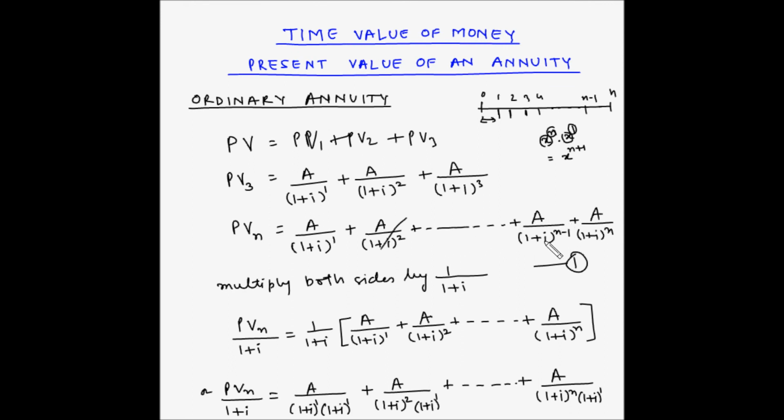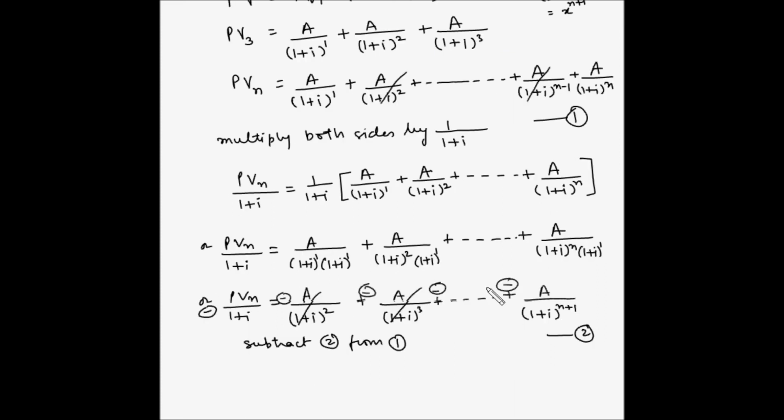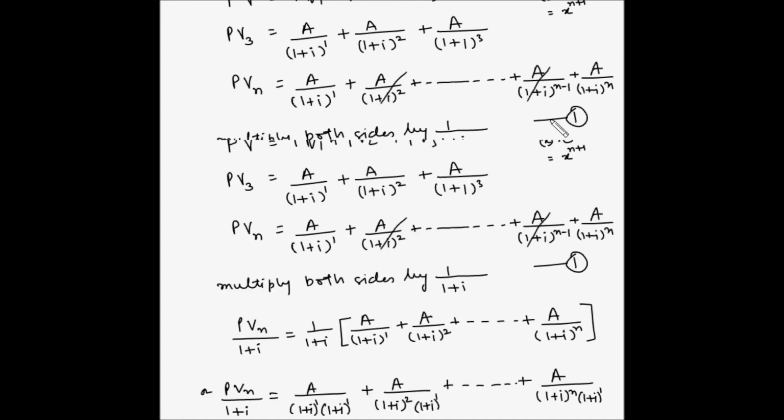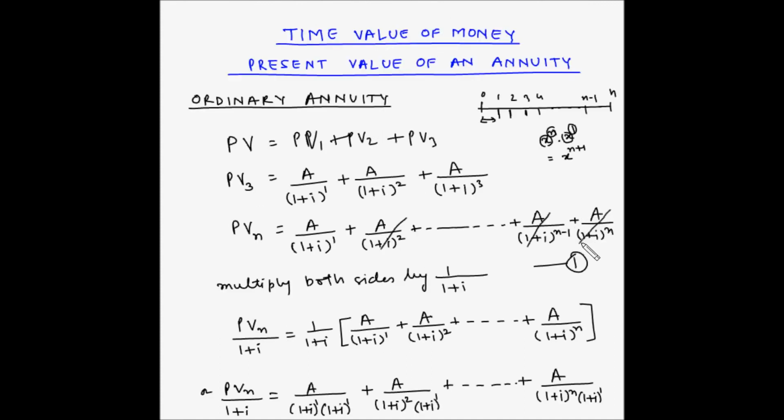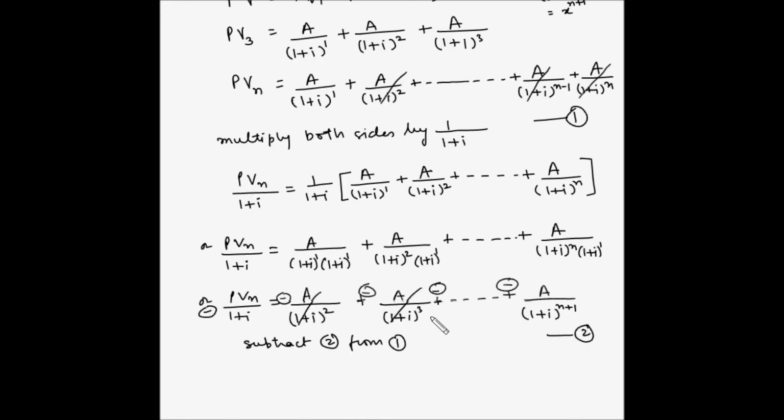Similarly, A divided by 1 plus I to the power n minus 1 will get cancelled with the similar term here. And then we'll also have A divided by 1 plus I to the power n, which will be before this last term here. So that will get cancelled with this term here. So now what we get is A divided by 1 plus I to the power 1 minus A divided by 1 plus I to the power n plus 1.